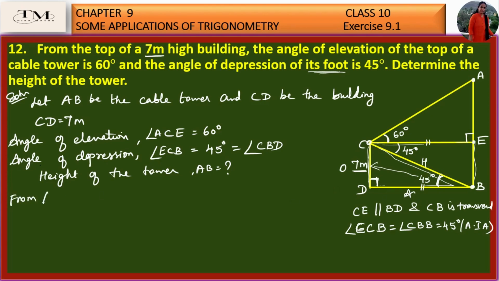From triangle BCD, we know the opposite side. We are going to find out the adjacent side, because if we find the adjacent side DB, this length DB is equal to CE. So for this triangle, we will have CE, so we can find out AE.